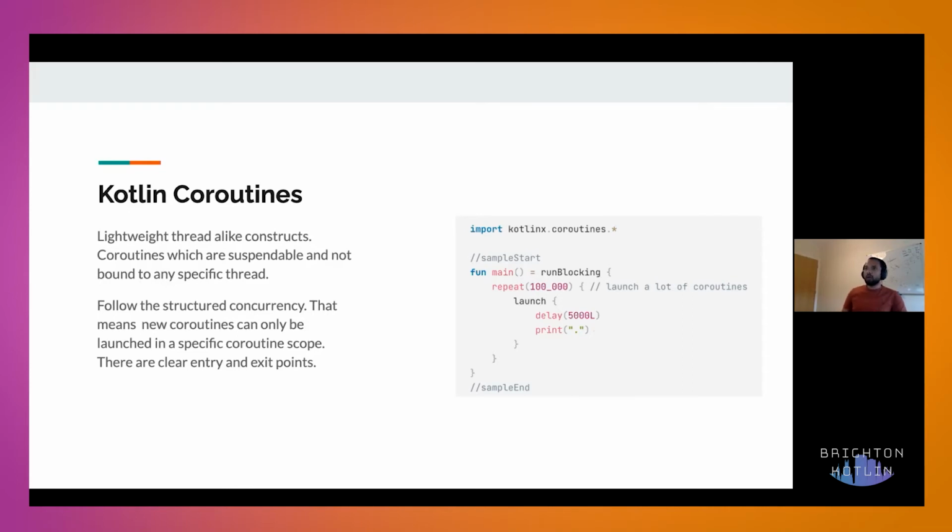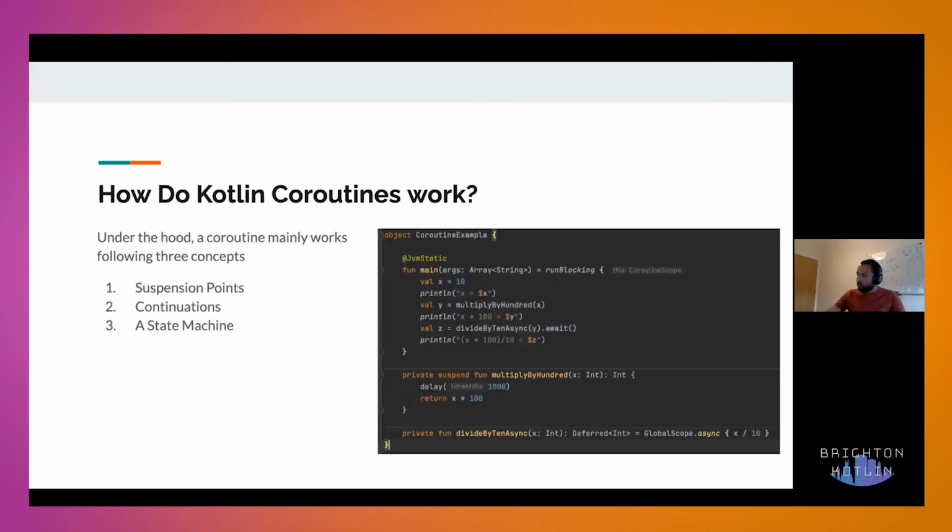Okay, now we're going to talk about one of the most important points, which is how Kotlin coroutines work under the hood. It is something I wasn't sure about until recently, because normally we have this abstraction, a nice API, and we can just keep coding. But if you look at how they work, they basically have three major points.